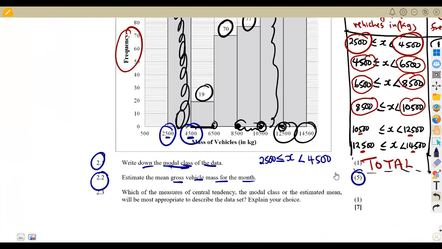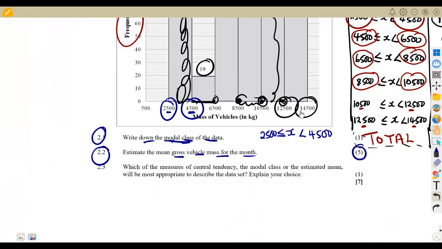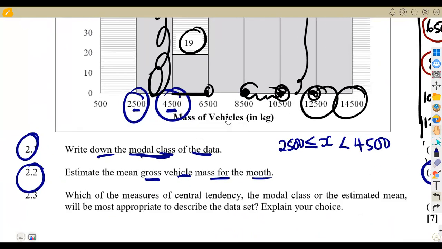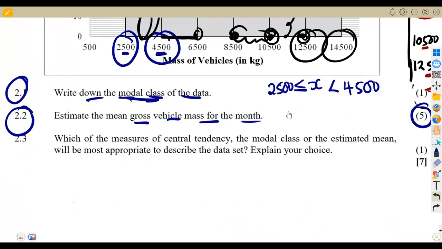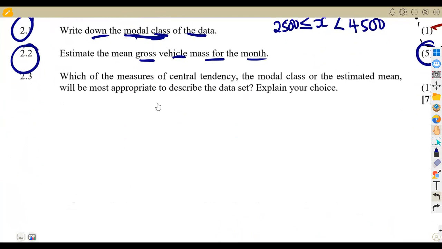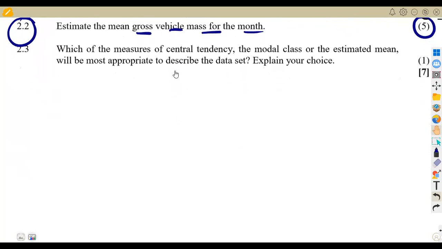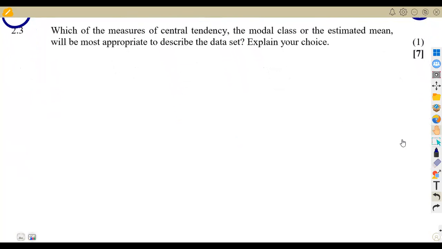Then the last question here is just a basic question, a normal understanding of the question. They are saying, which of the measures of central tendency, the modal class or the estimated mean, will be most appropriate to describe the data set? Explain your answer. Comparing the modal class and the estimated mean, the estimated mean is the most appropriate.